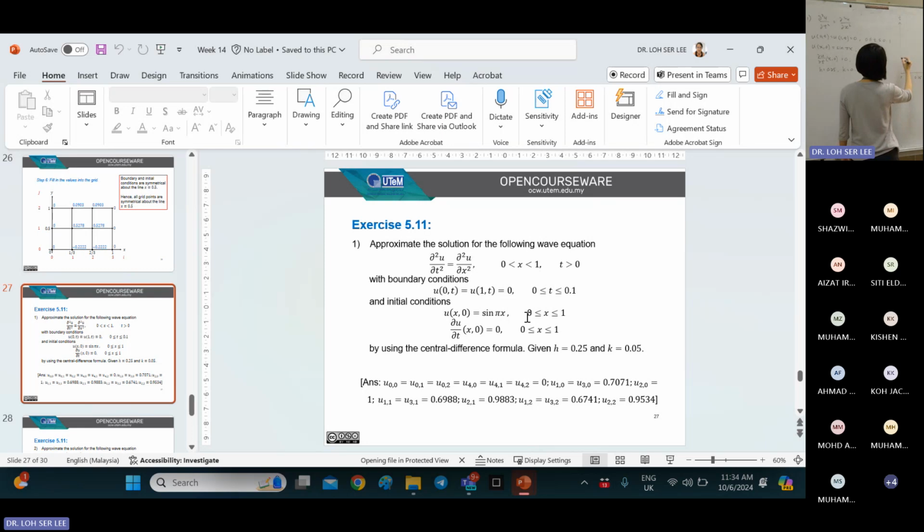Let's say you have two values. Then label your ij indexes.